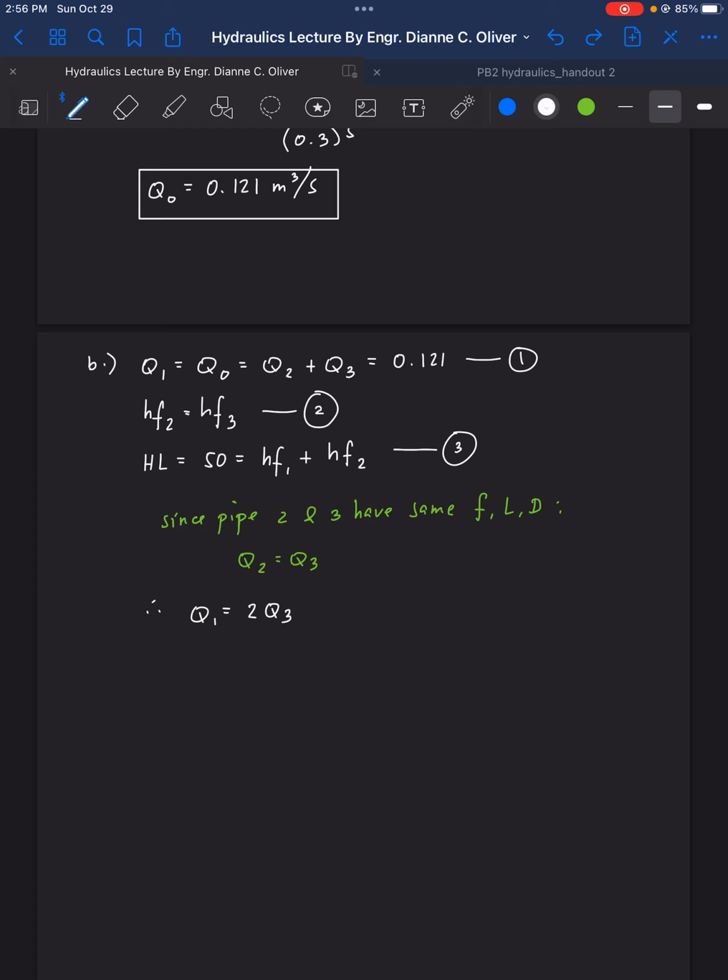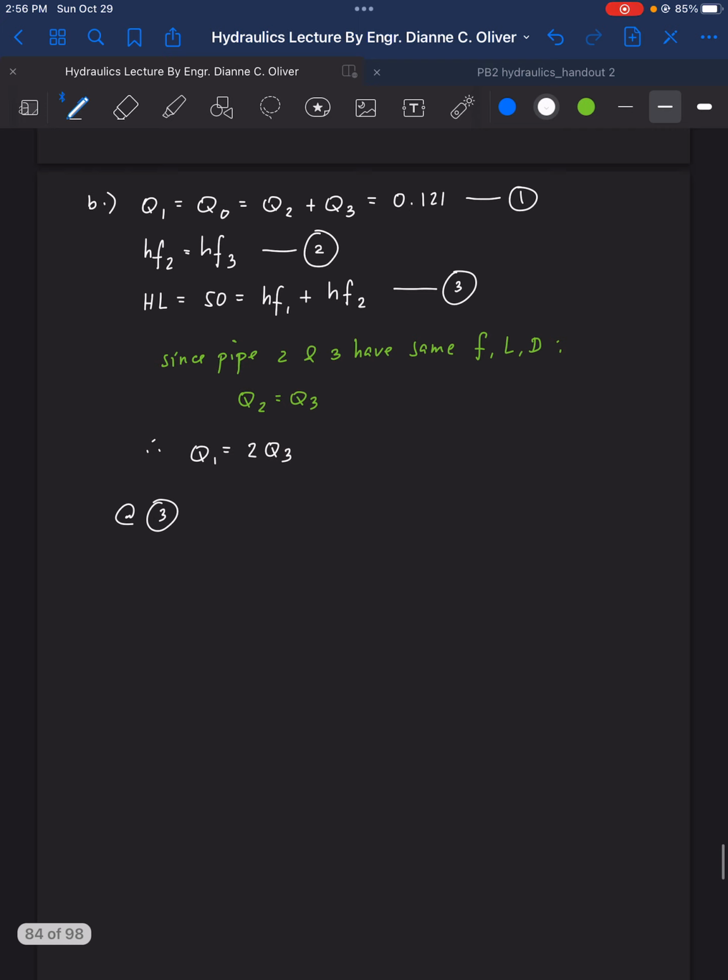So at 3, we have here the total head loss. What will happen when there is an additional pipe and the total head loss is still the same?